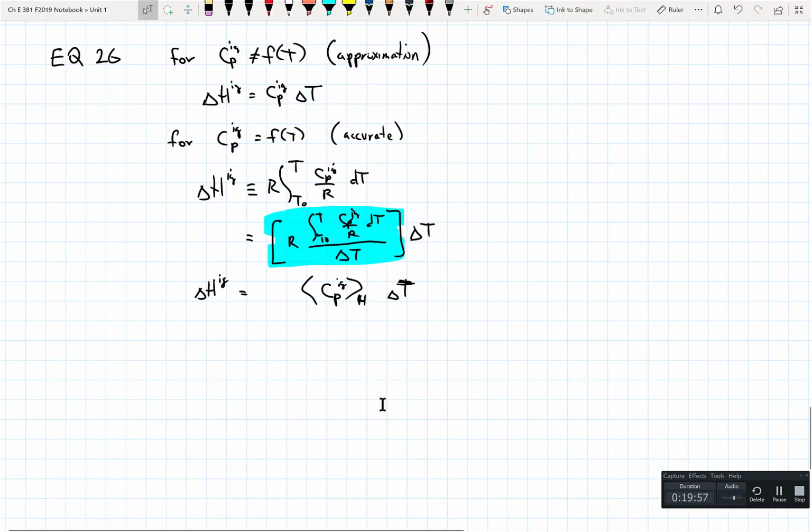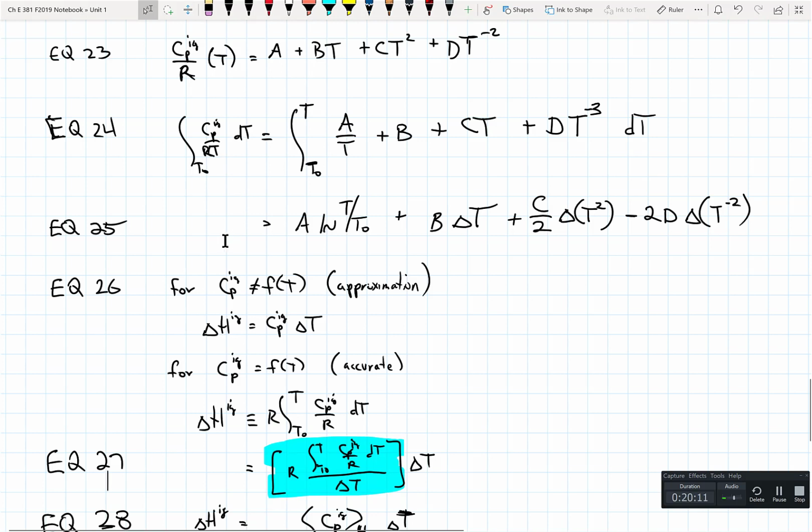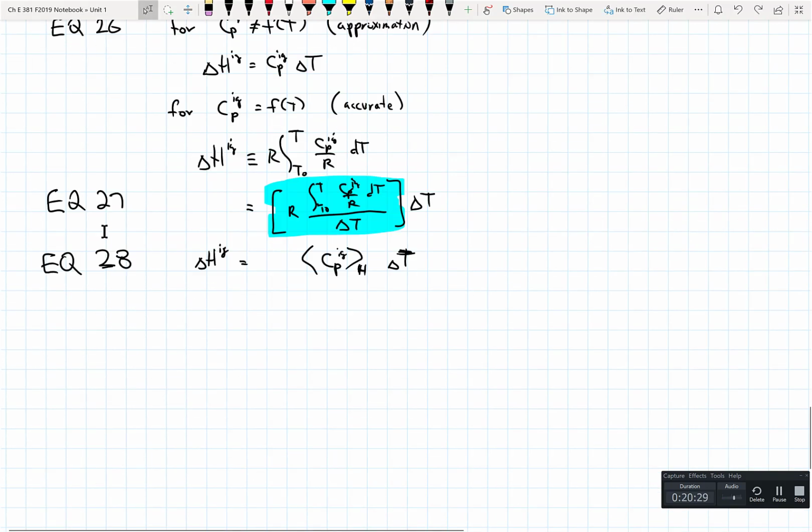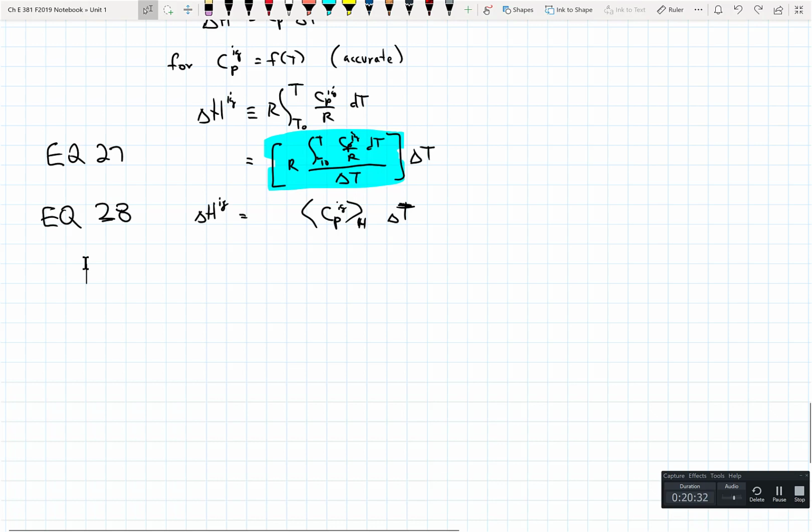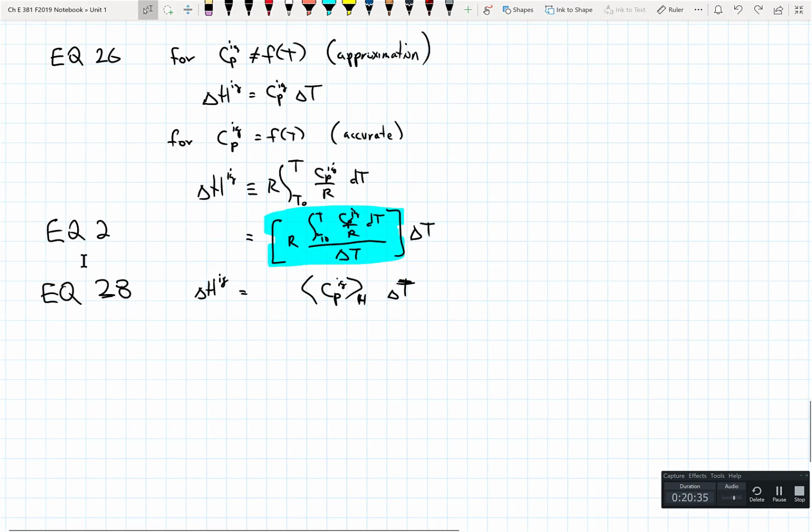Now, likewise, for entropy integrals, we can do something very similar. So let's call this equation 28. And we go back up here. So this quantity, equation 25, I'll get that selected so I can copy it, and I will plop it down here.